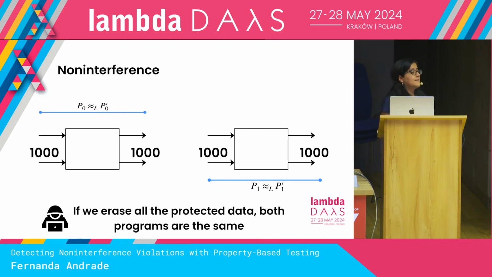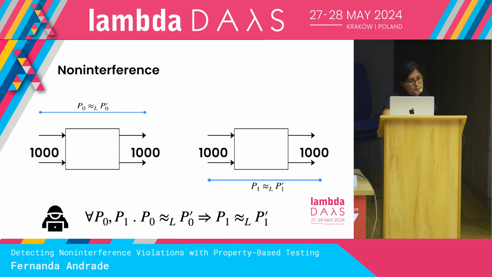That's the same as saying that I have a program that is equivalent to another, and if we erase all the protected data in these two programs, both programs are the same for an attacker. So this is non-interference, and this is what we want to test with property-based testing.